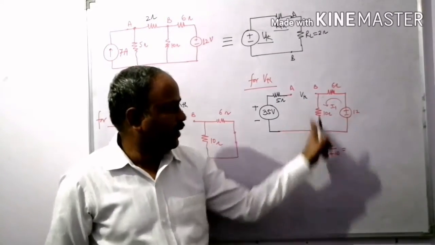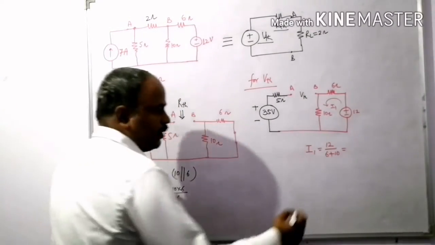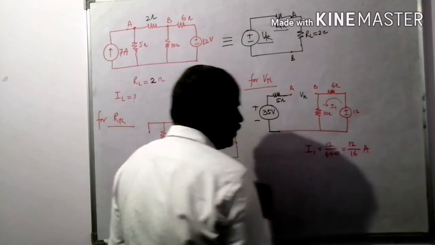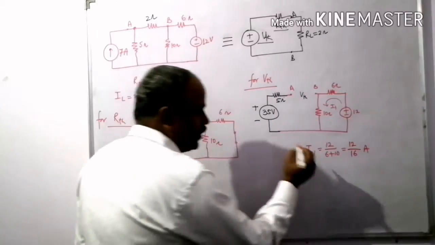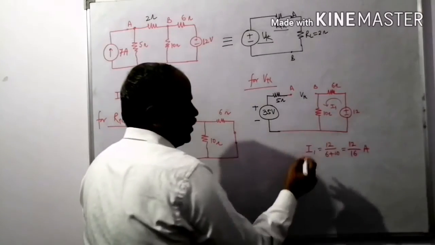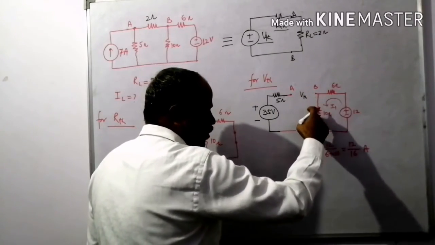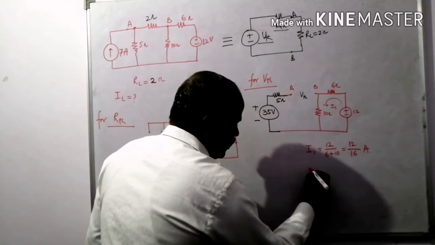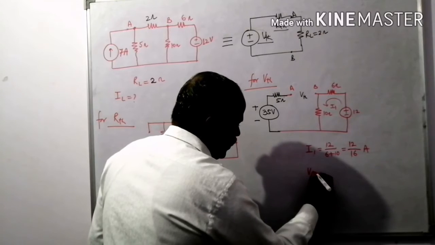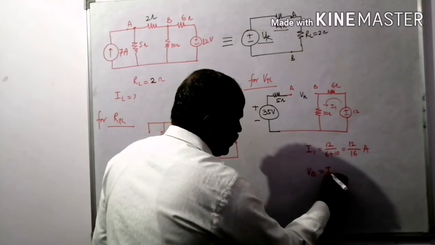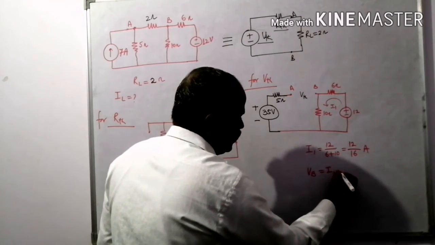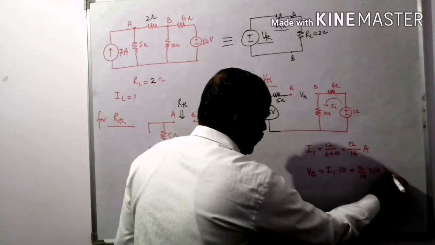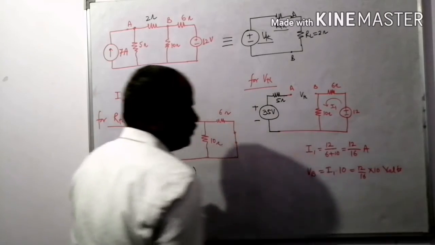So it is 12 divided by 10 plus 6, that is 16, 12 divided by 16 ampere. If this current is multiplied by 10 ohm resistor, then it becomes the voltage at point B, that is I1 current into 10 ohm, that is 12 upon 16 into 10 volts.